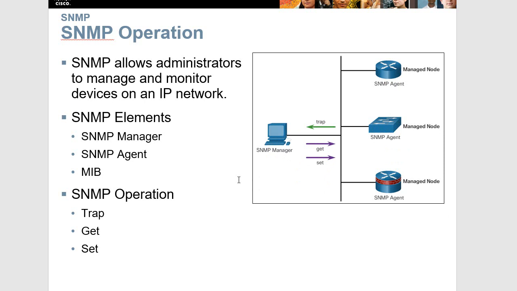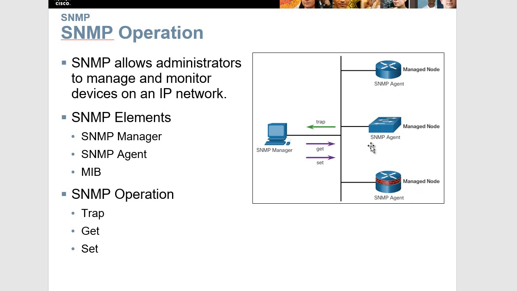The SNMP agent and MIB reside on the SNMP client devices. The management information base resides over here. Network devices like switches, routers, servers, firewalls, and workstations are equipped with an SNMP agent software module.